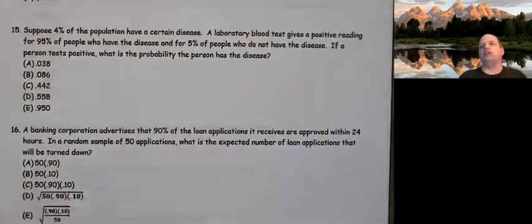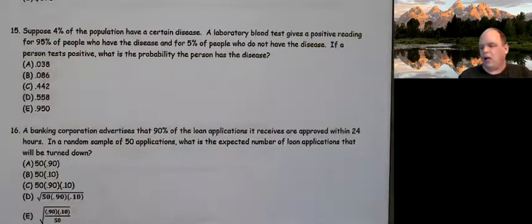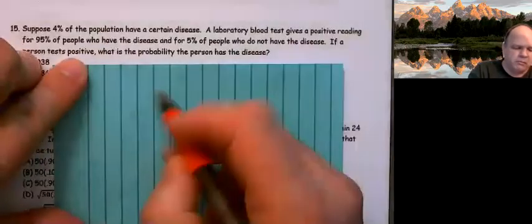Okay, whenever I see 3 percentages, or I have a lot of information, I try to organize it. Seeing 3 percentages is not a guarantee, but it's a good idea. That's usually a pretty reasonable suggestion that we are going to be working with the table. And in this case, I'm going to set this up with the table.